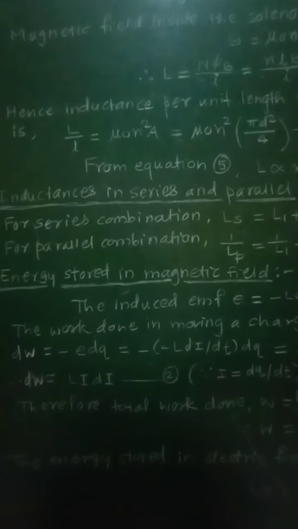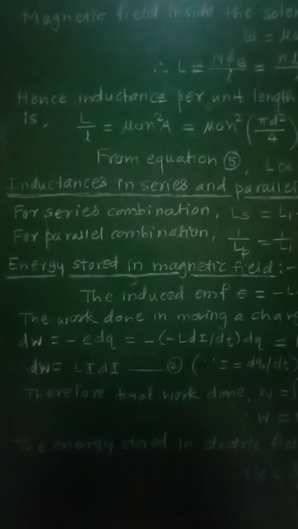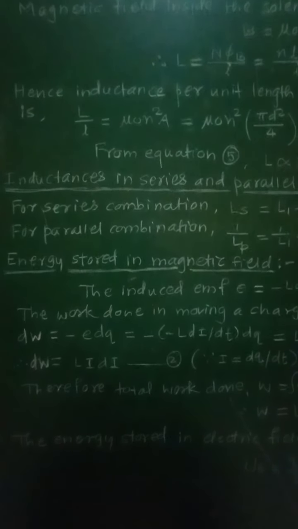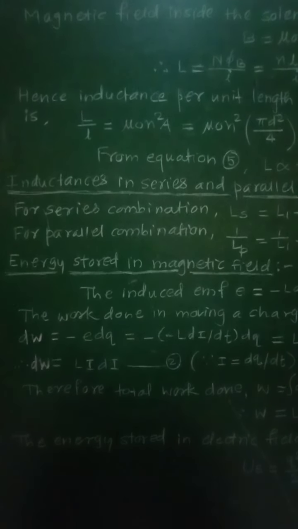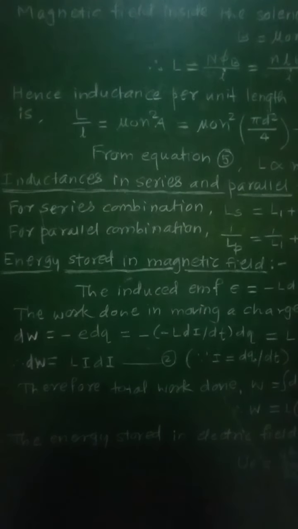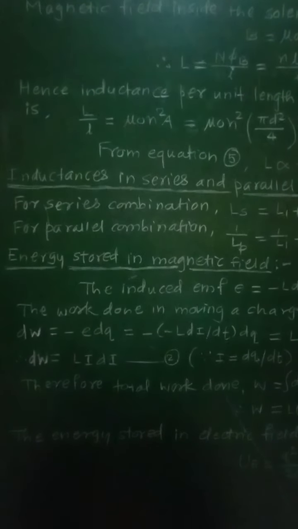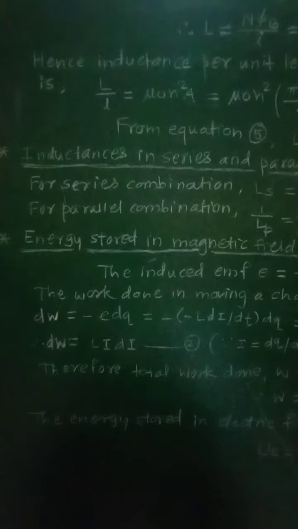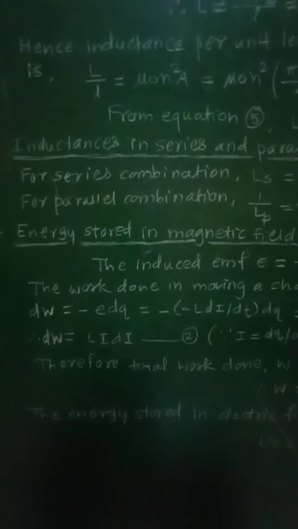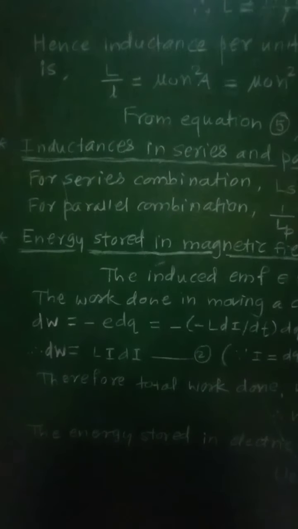Now why energy stored in the magnetic field? Let us see. We know that the changing magnetic flux in a coil causes an induced EMF. The induced EMF so produced will oppose the change in magnetic flux, and hence some energy will be spent there to overcome it.